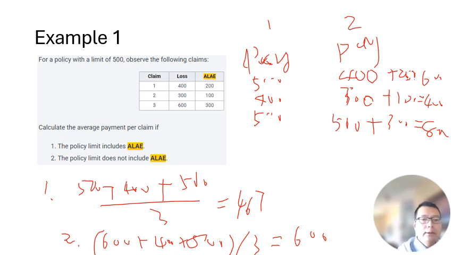If it doesn't include ALAE in the comparison of loss to the limit, you still need to include it in the final calculation of payment, because essentially this is the expense that the insurance company incurred, so it should be included. Okay. So this example gives you a little more understanding on how you utilize the information on ALAE.